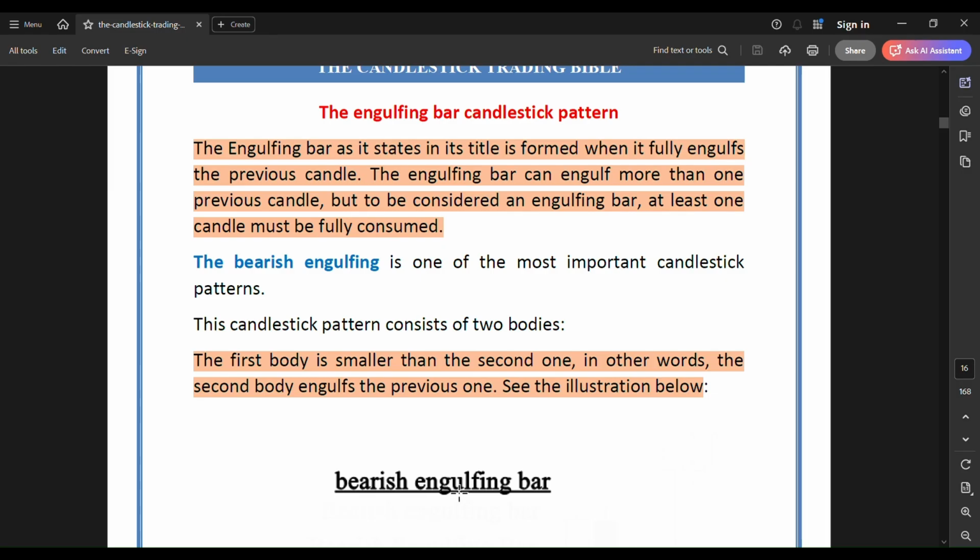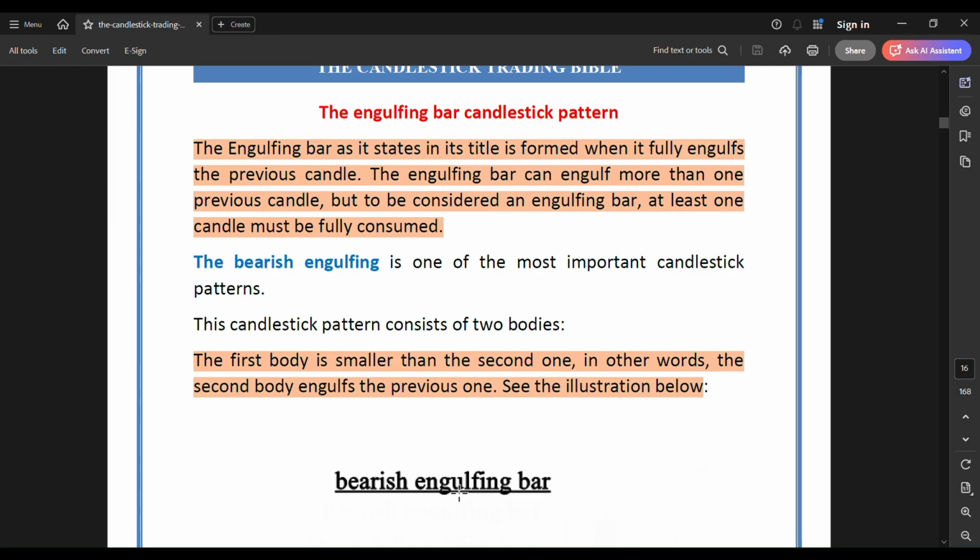The engulfing bar can engulf more than one previous candle, but to be considered an engulfing bar, at least one candle must be fully consumed. So I think those are the conditions for the engulfing candle. Basically, you have to engulf one or more previous candles in a series.